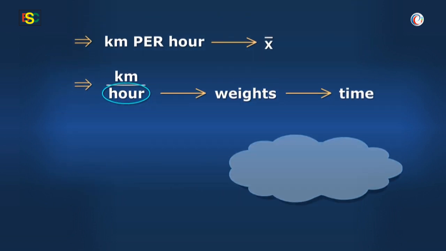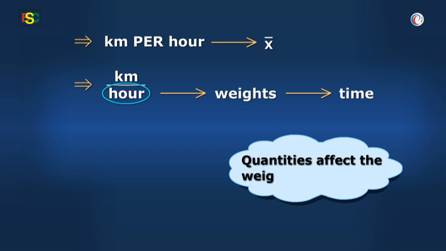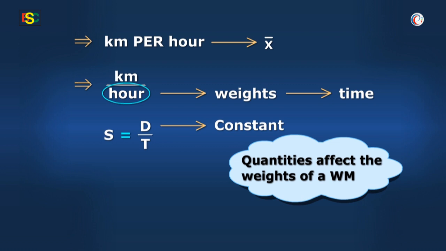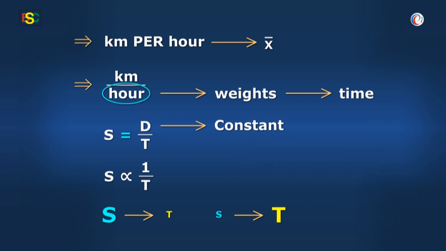Moreover, as the quantities affect the weights of a weighted mean, when a fixed distance is to be traveled, the speed at which a person is traveling affects the time taken by him. This is because when speed increases, the time taken by the person decreases, and when speed decreases, the time taken increases.